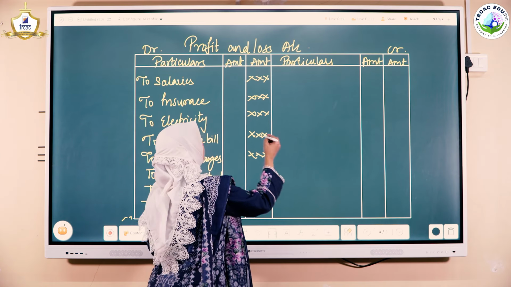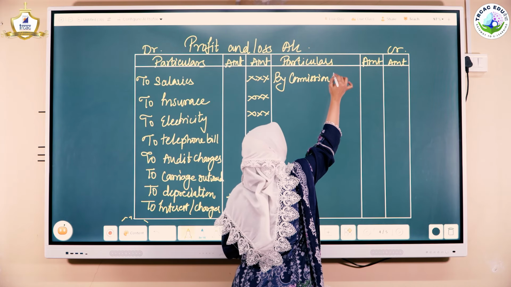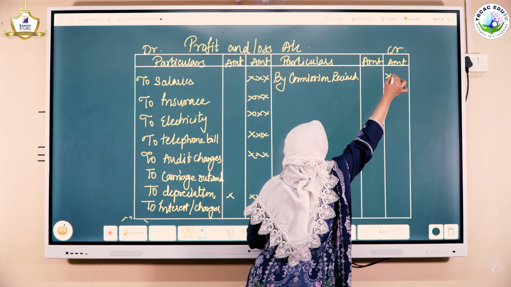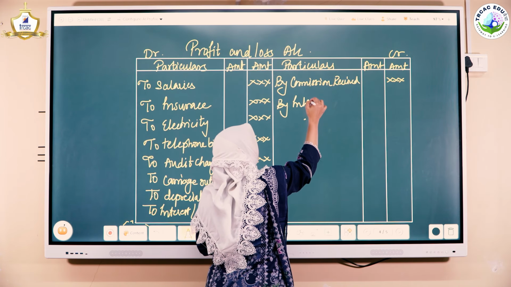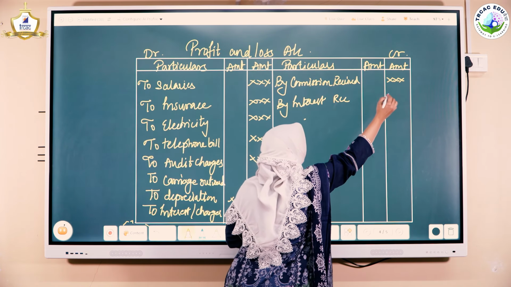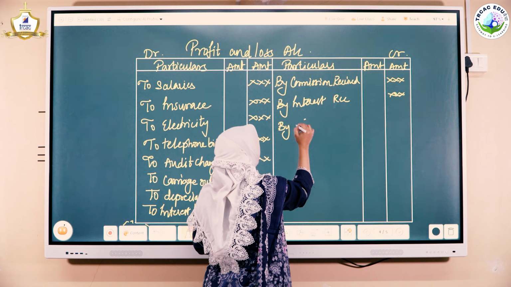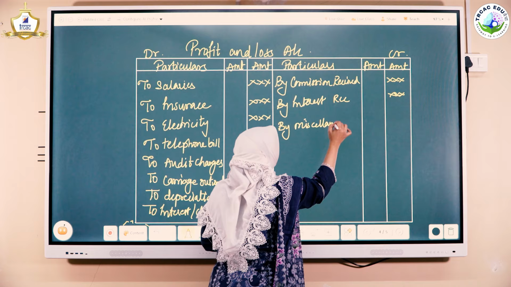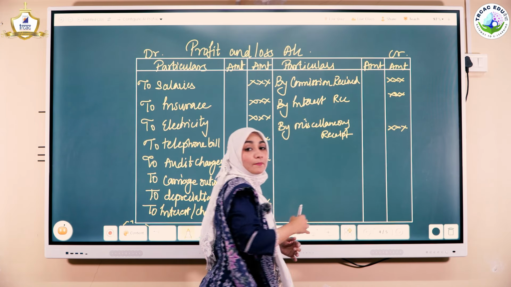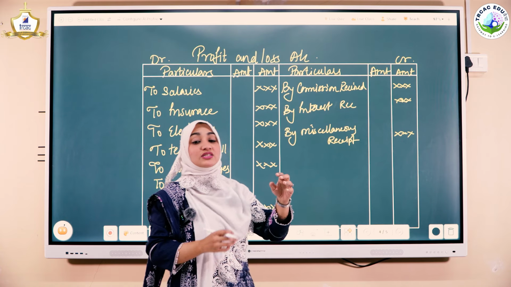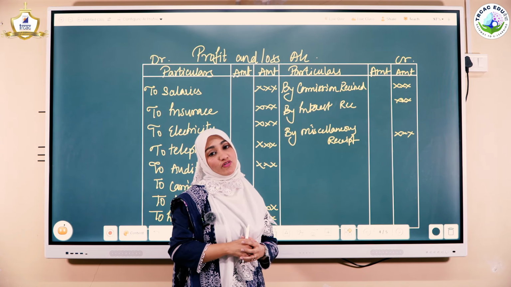For example, by commission received, by interest received, by miscellaneous receipt, anything which is giving profit to the business, anything which is received will all be recorded into the credit side of profit and loss account.